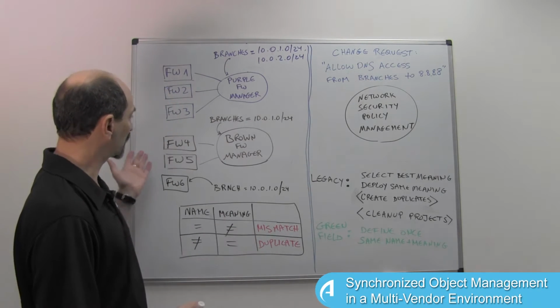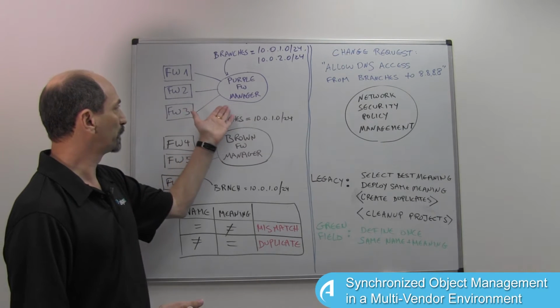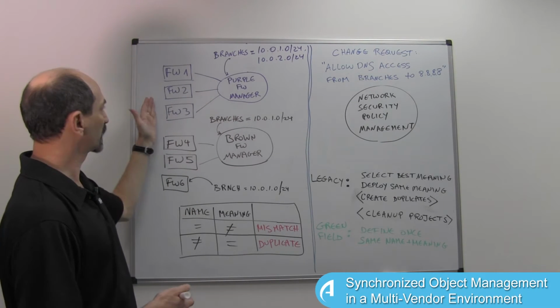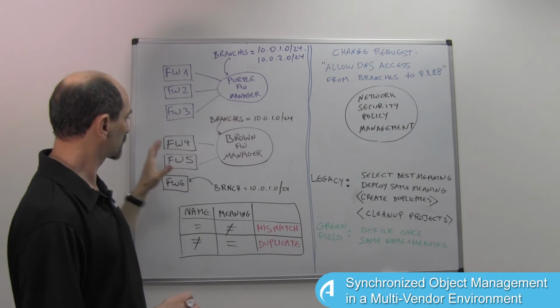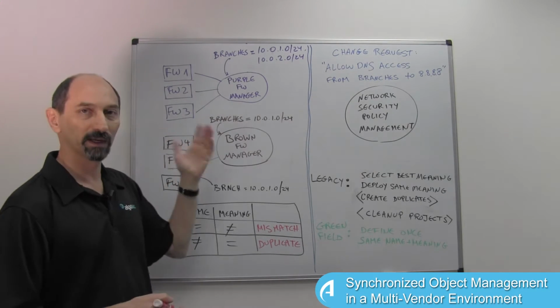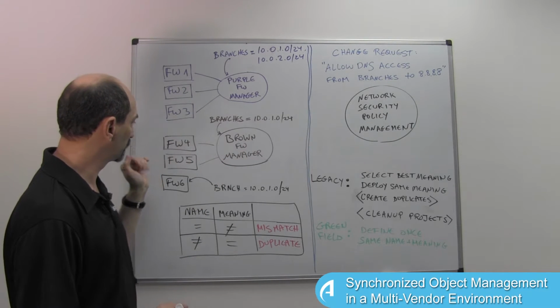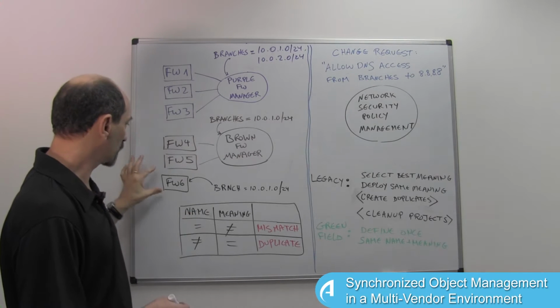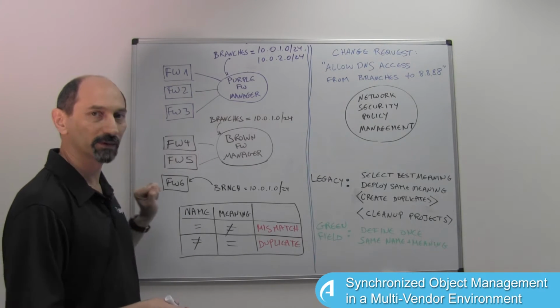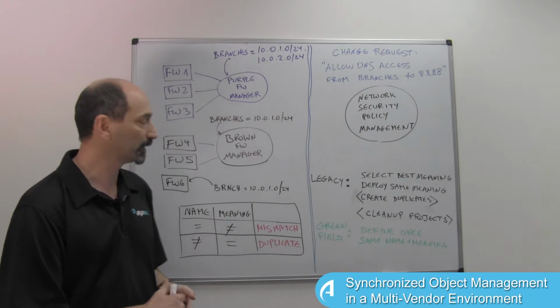So in this sketch here we have a purple firewall vendor managing these three firewalls with its own management solution. Then there's the brown firewalls made by a different manufacturer with its own management system. And then there's also a standalone black firewall that's managed directly on the command line.